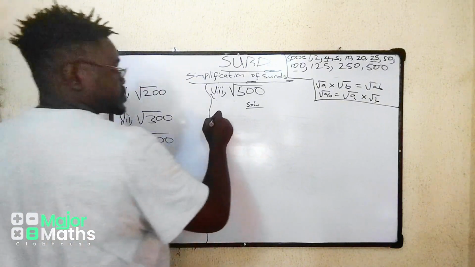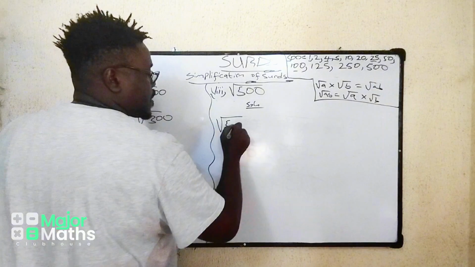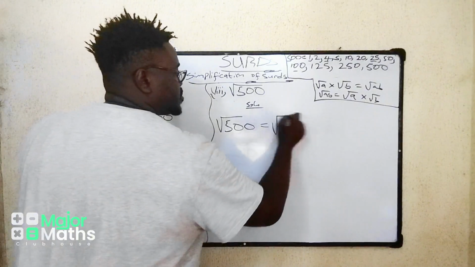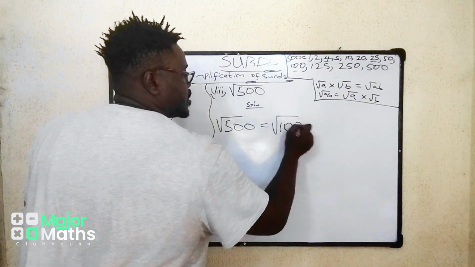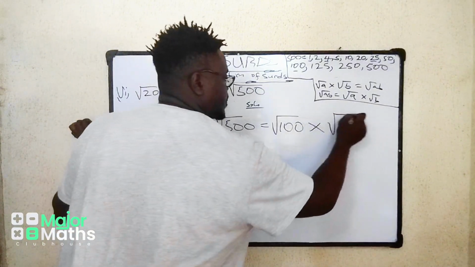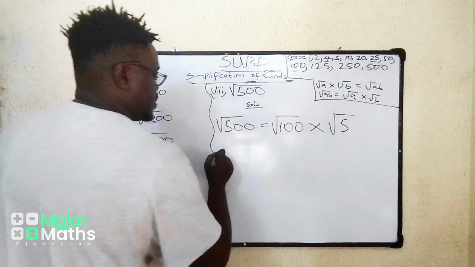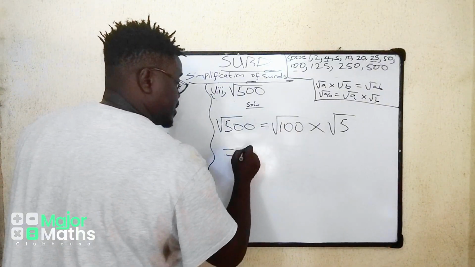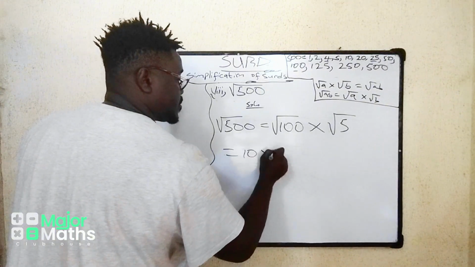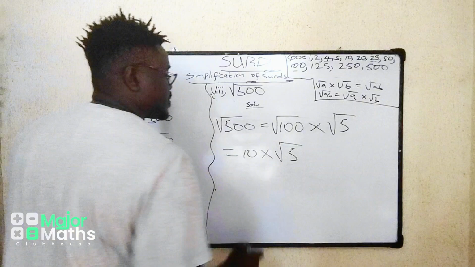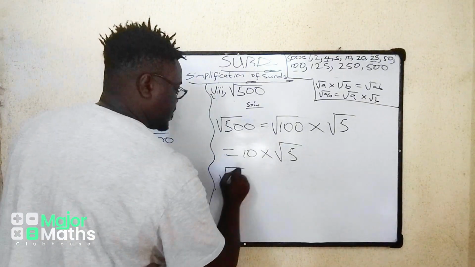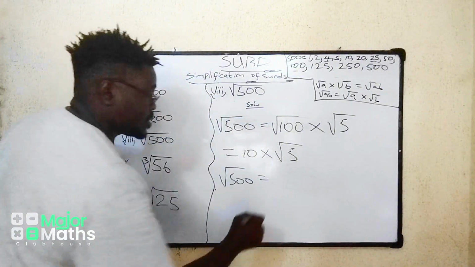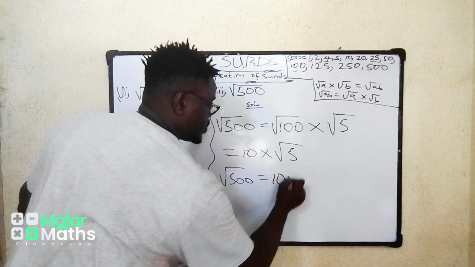All right, so root 500 becomes root 100 times root 5, which gives you square root of 100 is 10, times root 5. So therefore, root 500 is equal to 10 root 5.